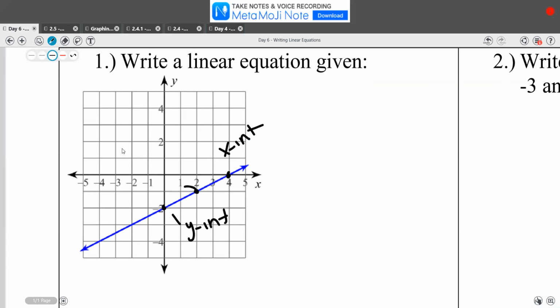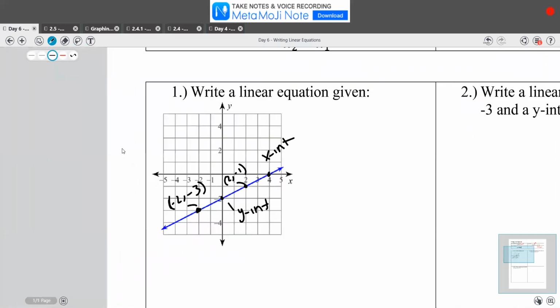That's a point which is (2, -1). Okay, so we can actually come up with a bunch of stuff. This one's actually another point, which would be (-2, -3). Okay, so we have 2 points, we have a y-intercept, we have an x-intercept.